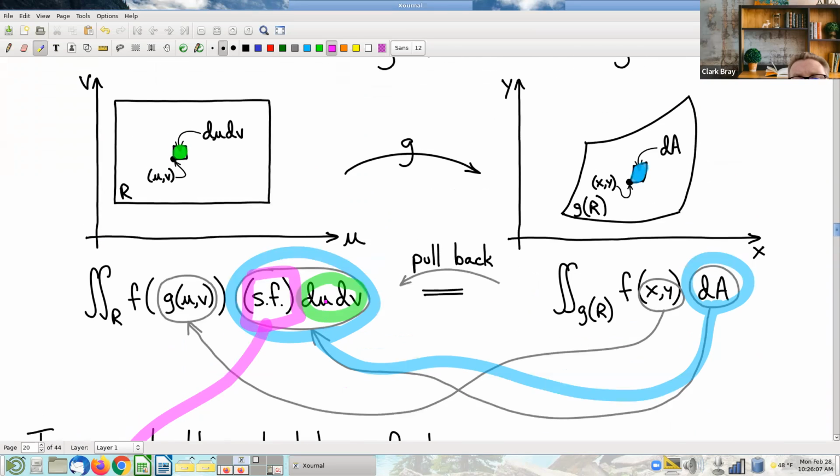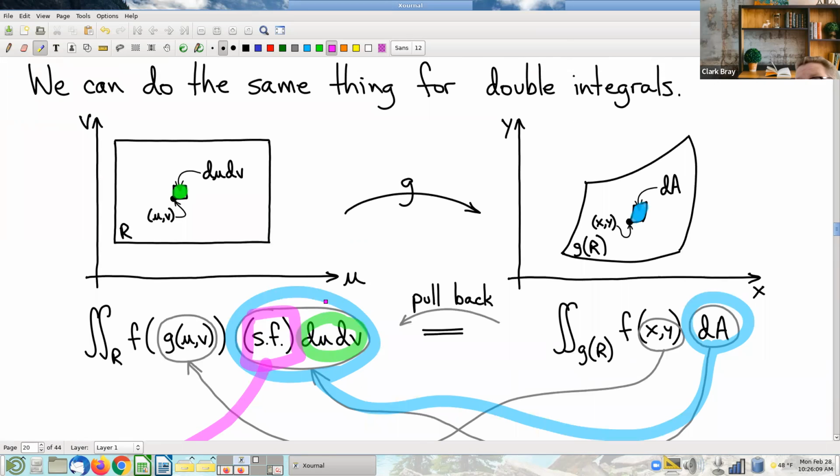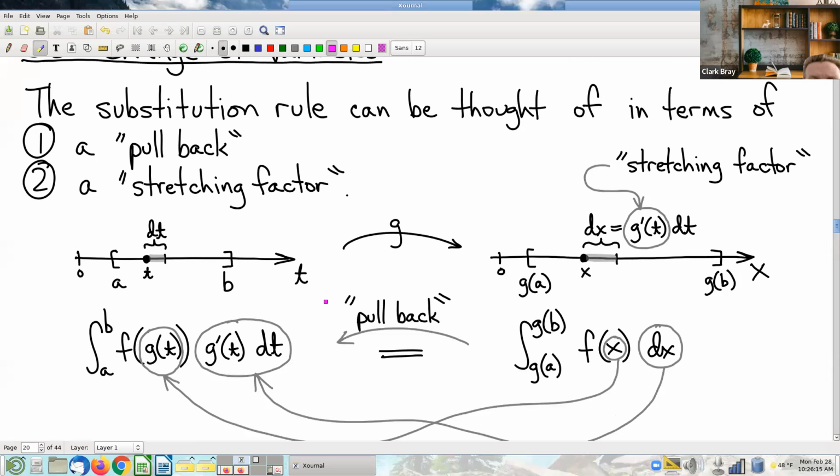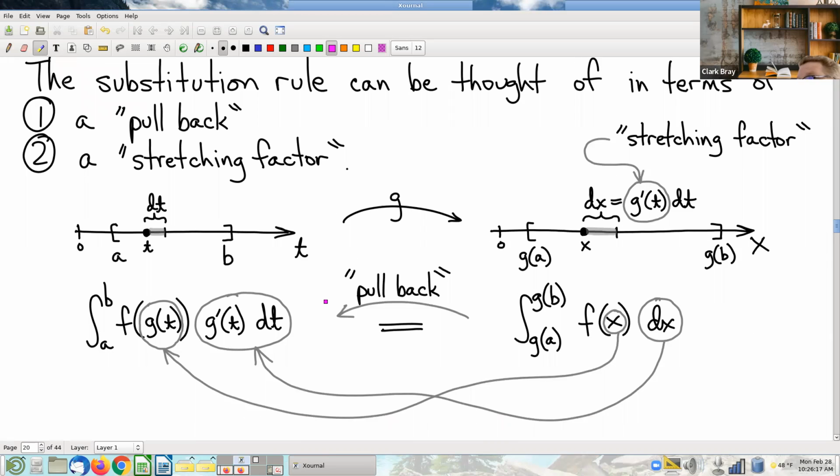So the punchline, though, is that it's really just a pullback and stretching factor strategy, just like the point of view that we decided to take on the substitution rule. The substitution rule is pretty much just taking things that were written in terms of x and kind of plugging in.